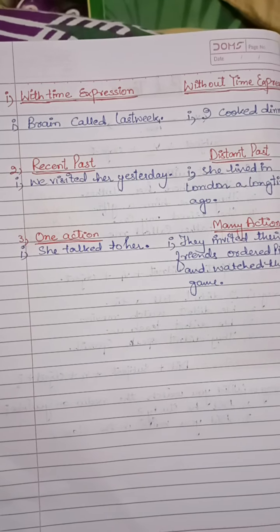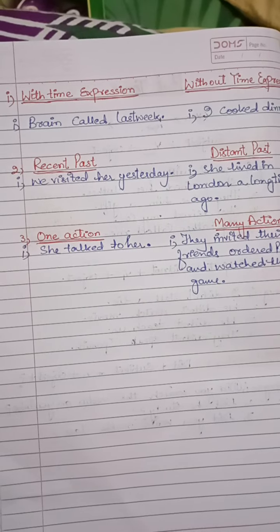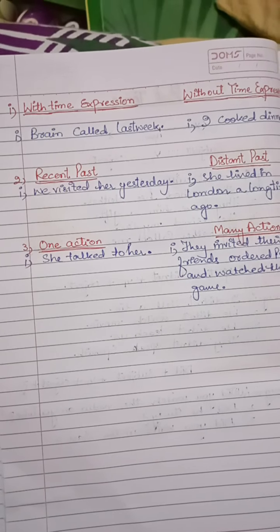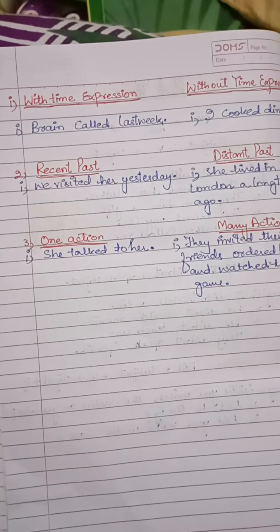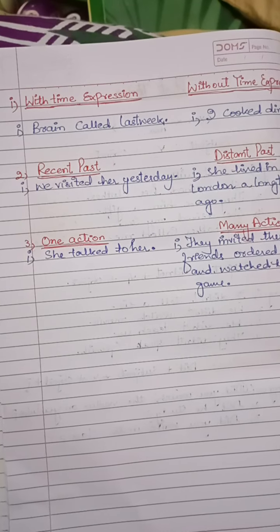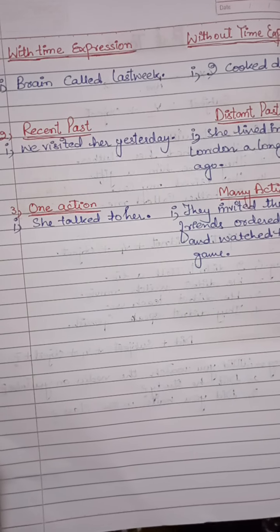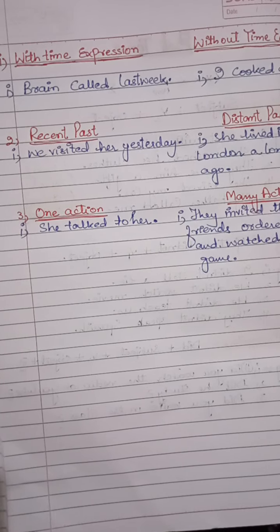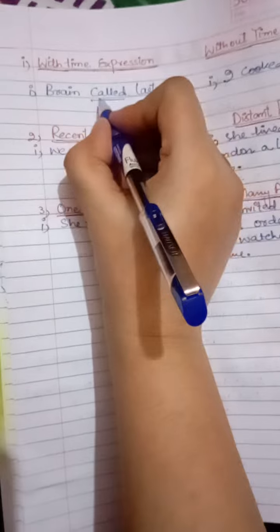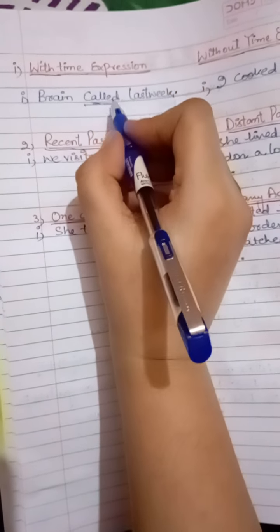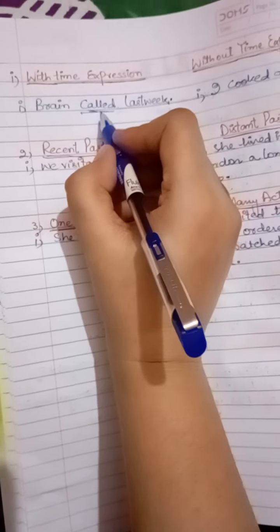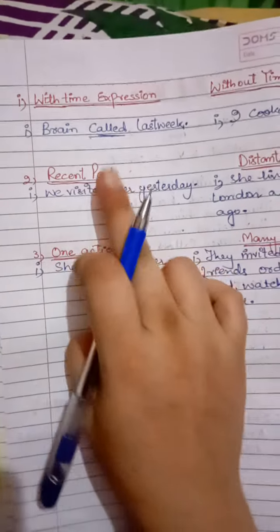It's a word that tells us about time, like yesterday, last month, last year, or few years ago, or 5 years ago. These are all time expressions. So, of course, you can use a time expression with the past tense. What's the past tense here? This word is past tense, called. This is the second form of call.